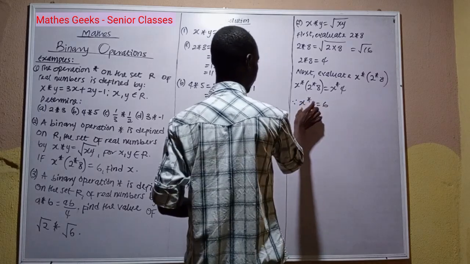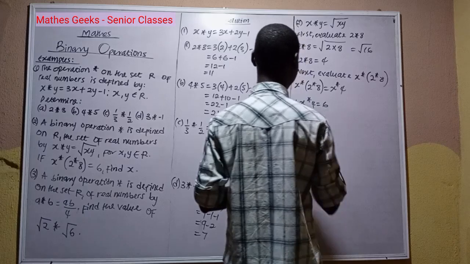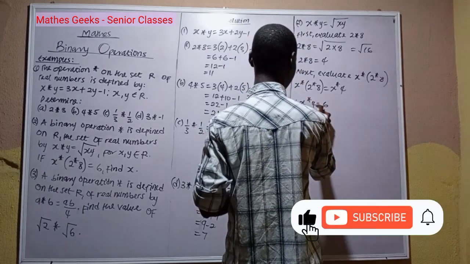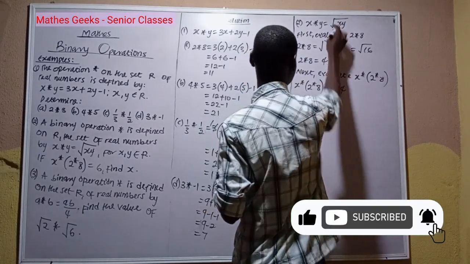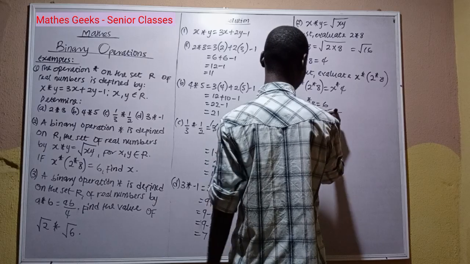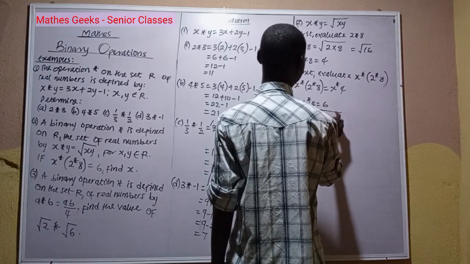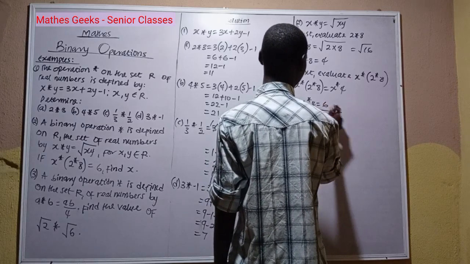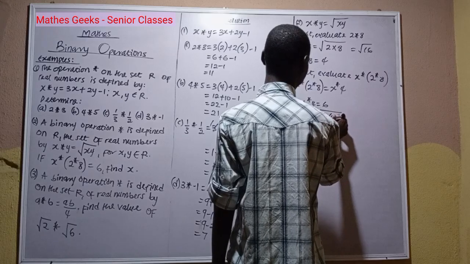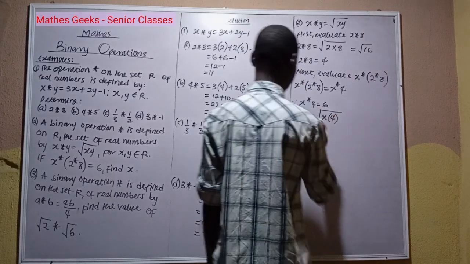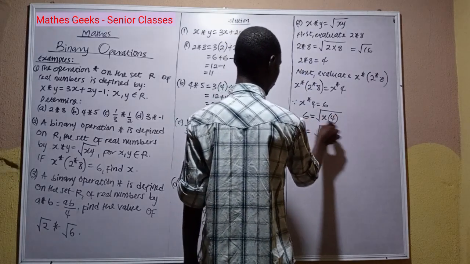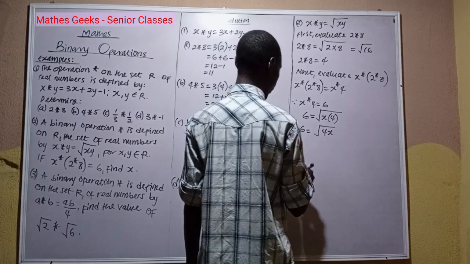And what's our rule of combination here? x star 4 is equal to 6, so we have root of x times 4, which gives us root 4x. So 6 is equal to root 4x. What are we going to do?